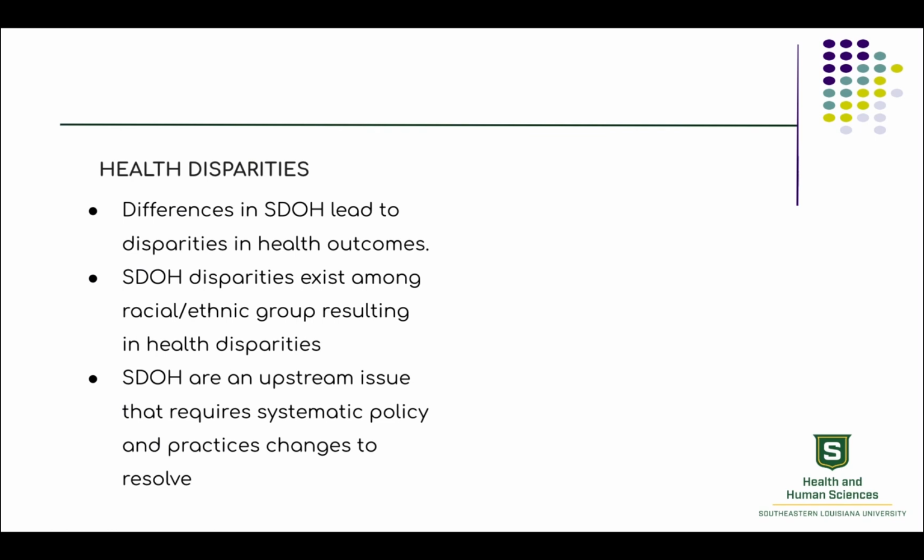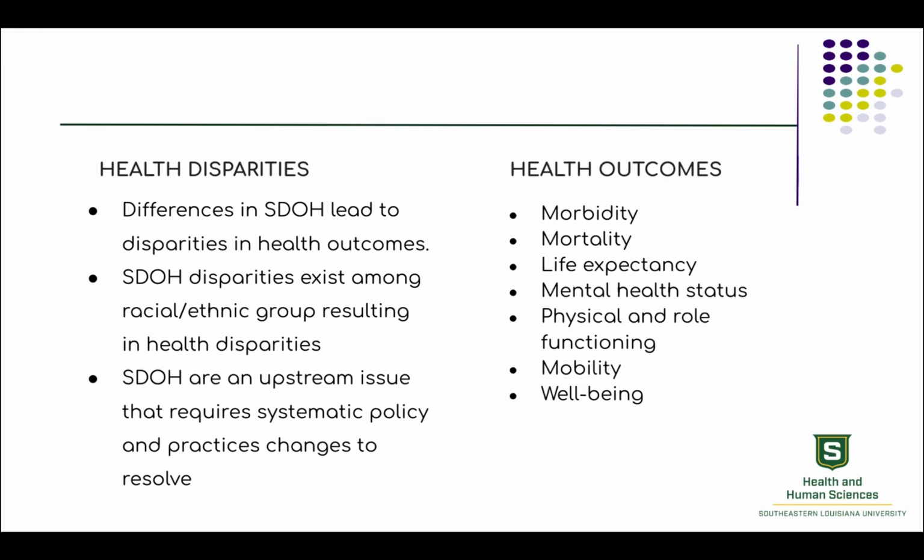If you are familiar with the ecological model, you will see policy being at the very top in terms of influence. So social determinants of health at the upstream level also influence health disparities. And all of this then leads to health outcomes in terms of mobility, mortality, and morbidity, and also in physical and social roles.